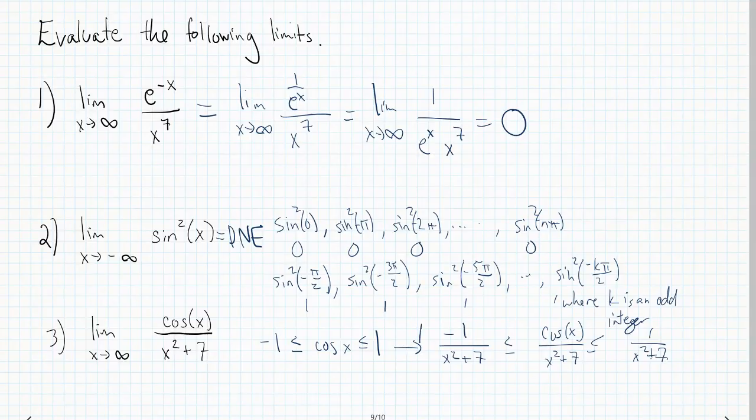So now if we take a limit as x approaches infinity in this case, in each spot, notice we have a constant on the left, and we're dividing by x squared plus 7 as x goes to infinity. That thing's going to 0. So we get 0 is less than or equal to that limit as x approaches infinity of cosine x over x squared plus 7.